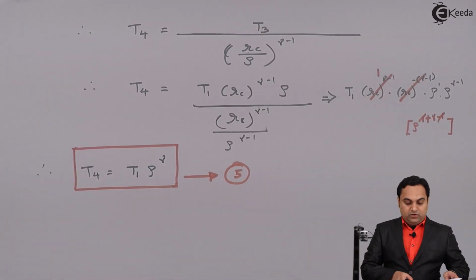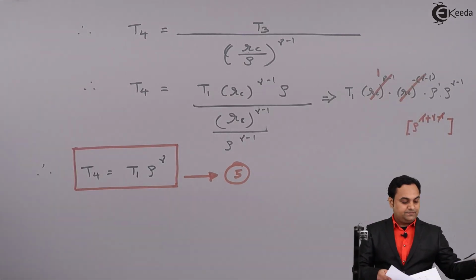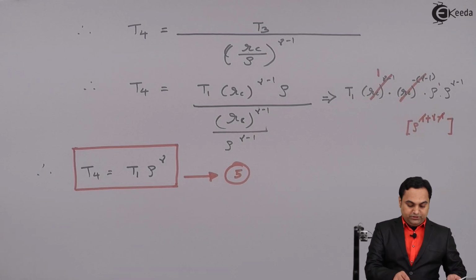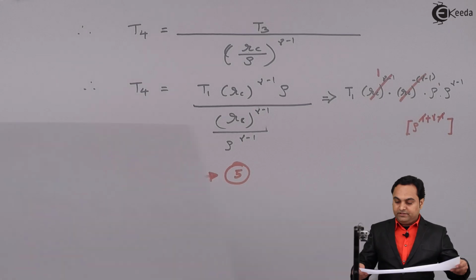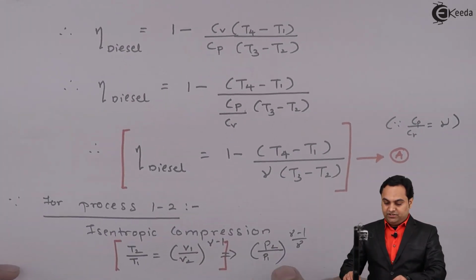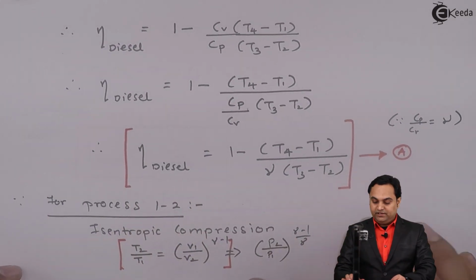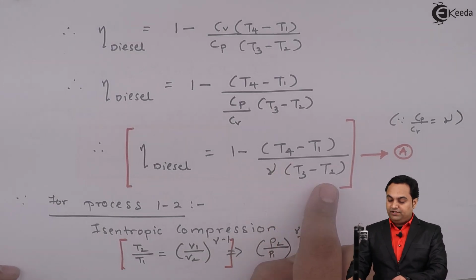Now once we have all the temperatures, we can put their values in equation number A, that is the efficiency of diesel cycle. Here I'll put the values of T4, T3 and T2.